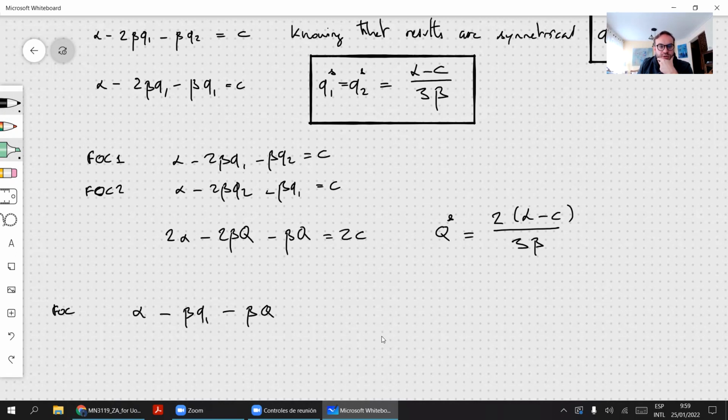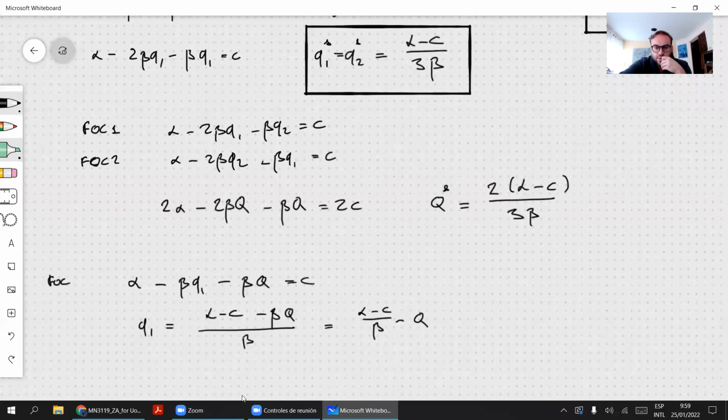I need to separate the 2 beta Q1 into 2 parts, so I leave one alone, and then I join the other part. This is equal to C, and then I can see that Q1 is equal to alpha minus C minus beta Q divided by beta, or I can write this as alpha minus C over beta minus the overall quantity.